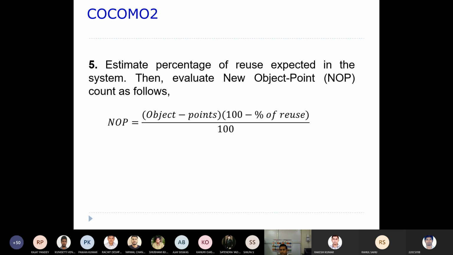Then that 40 should be deducted from 100, so 60% weight is given to object points. That means 60% of the object points will be calculated. That is exactly what gives you the new object point.